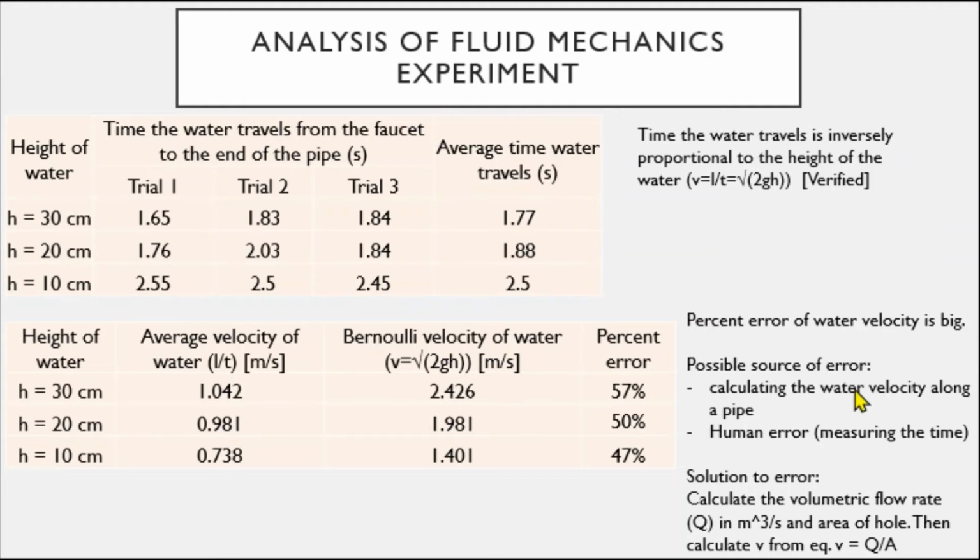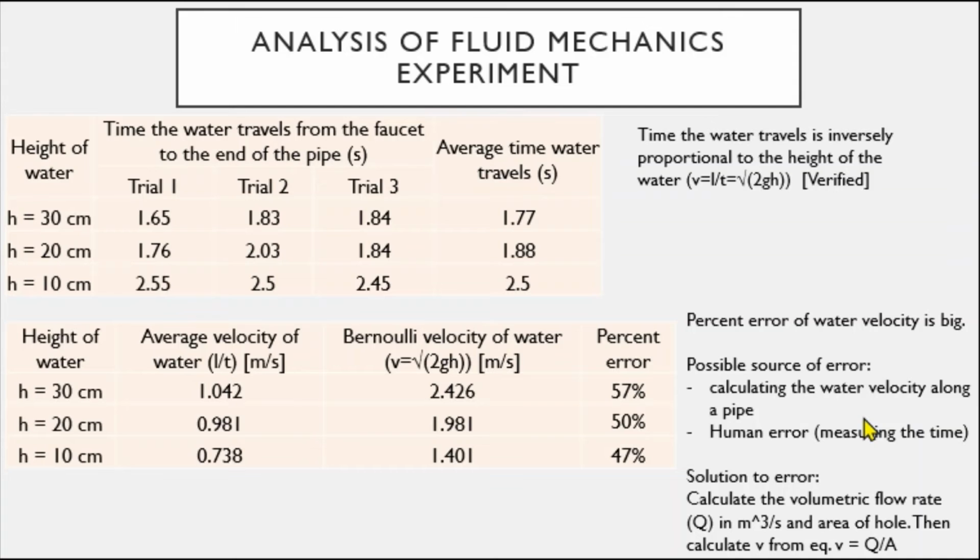So this is the possible source of error. First, calculating the water velocity along the pipe is actually not so accurate, because there must be an acceleration or deceleration of the water along the pipe because of many factors, such as the diameter of the pipe.